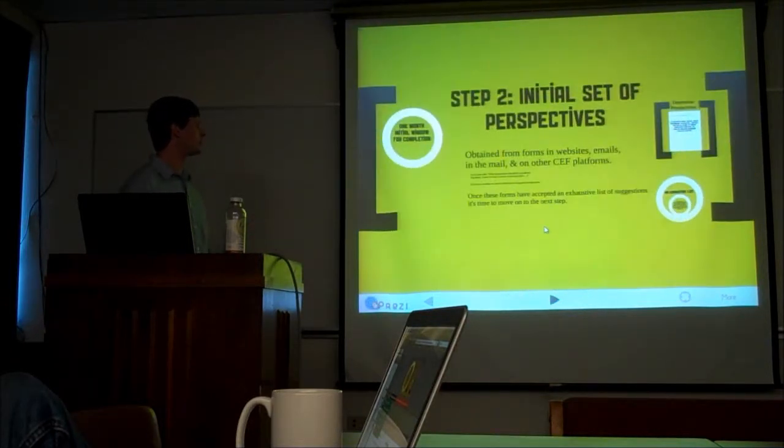And then the next steps are pretty straightforward. You're just asking people again, what are the big ideas in your class? What do you think are the learning goals in your class? What are the cross-cutting themes? Send this out in emails, embed a form in a website. And as the answers are coming back in, you're categorizing the answers.